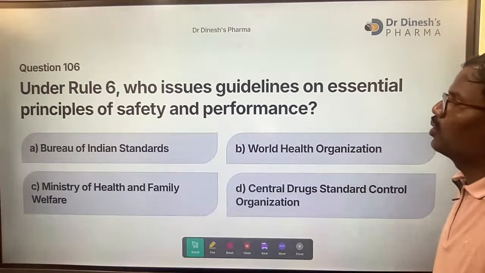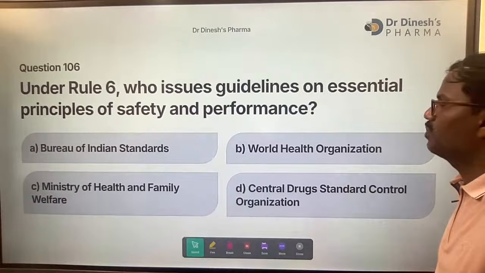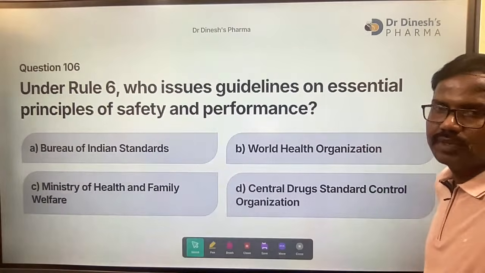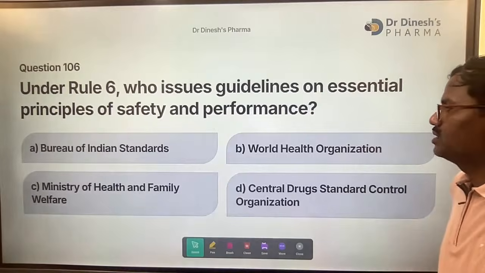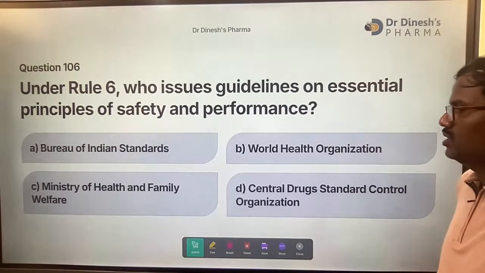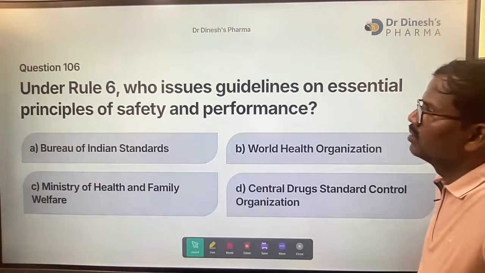Next, 106. Under Rule 6, who issues the guidelines on essential principles of safety and performance? Essential principles of safety and performance. Bureau of Indian Standards, World Health Organization, Ministry of Health and Family Welfare, CDSCO. Rule 6.